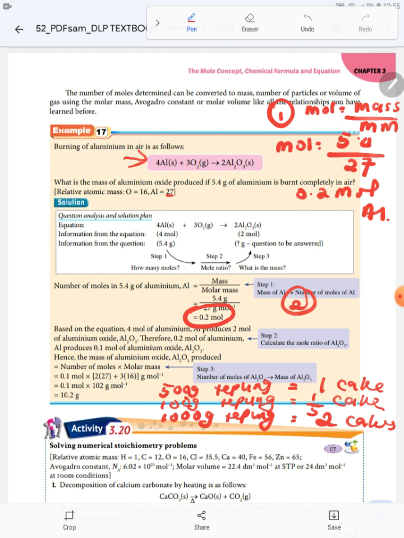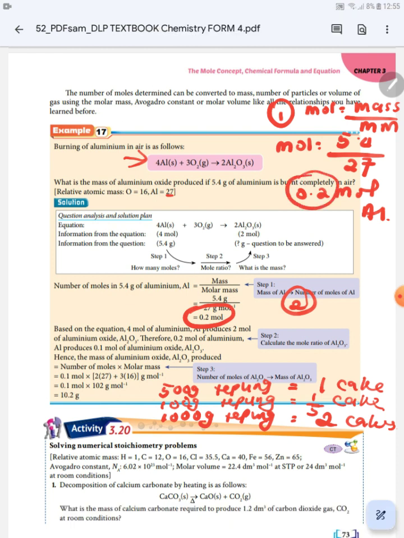Okay, sama juga macam ini. Teorinya kita ada 4 mole aluminium react with 3 mole of oxygen, produce 2 mole of aluminium oxide. This is theoretically. In our experiment or in our activity, we only have 0.2 mole of aluminium.